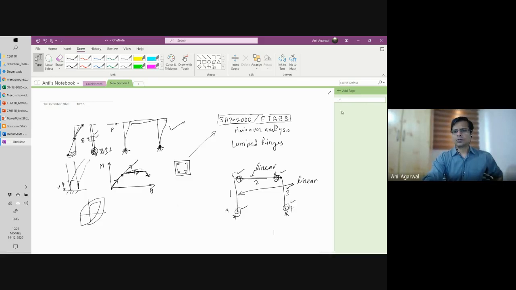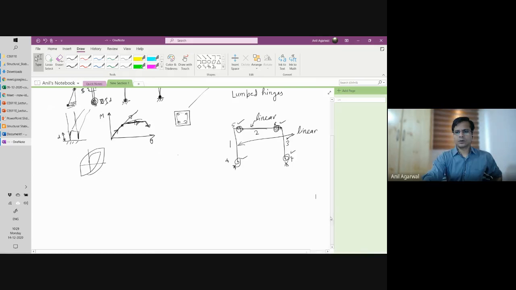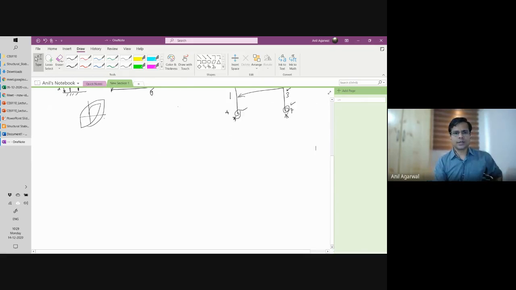Alternatively, you can also have some software like, for example, ANSYS or Abaqus. I use Abaqus more often. What they allow you to do is, this is your frame, the same frame I'm studying, let's say made of beam elements or frame elements.